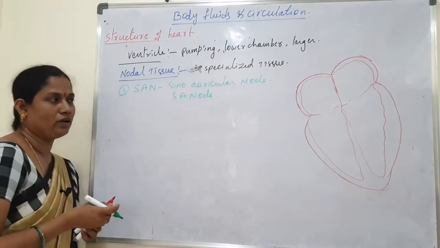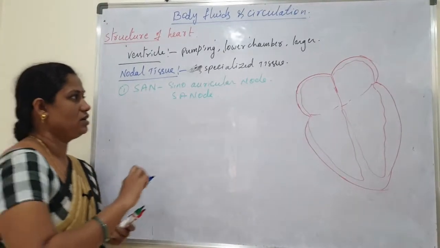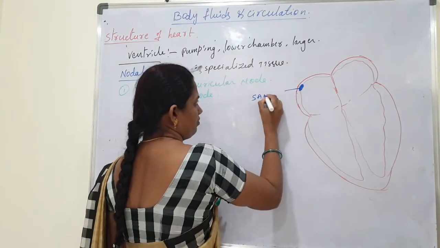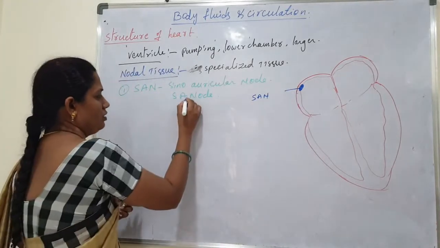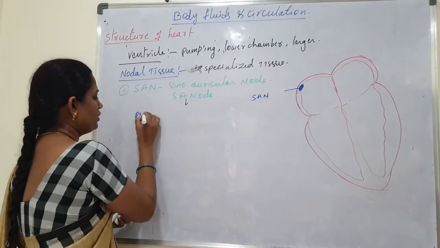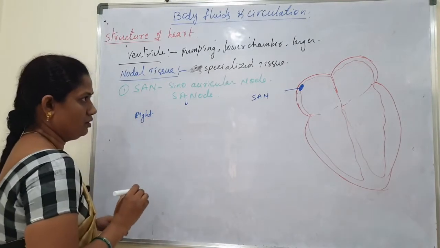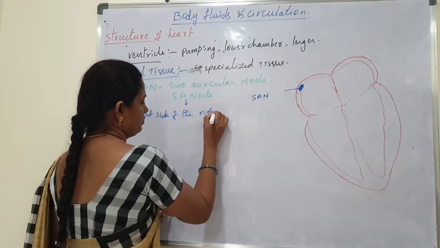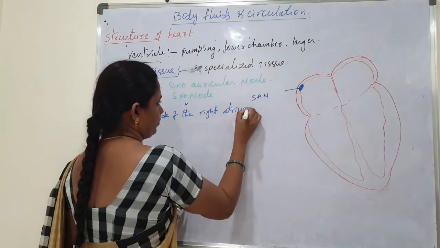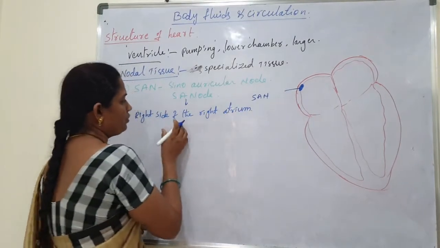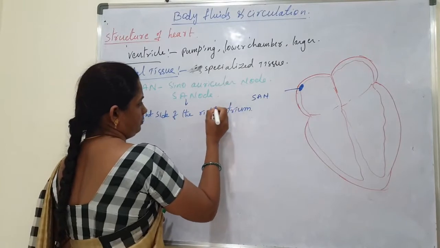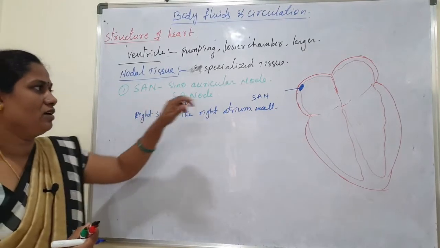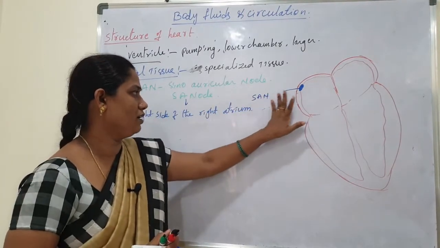The SA node is present on the right side of the right atrium, in the right atrial wall, you can write.